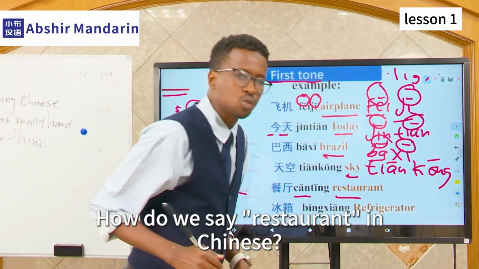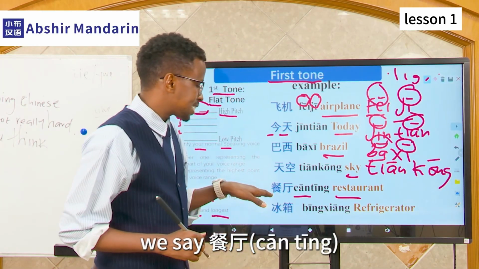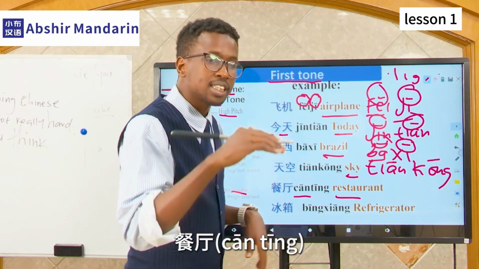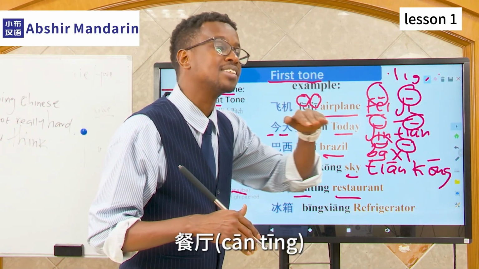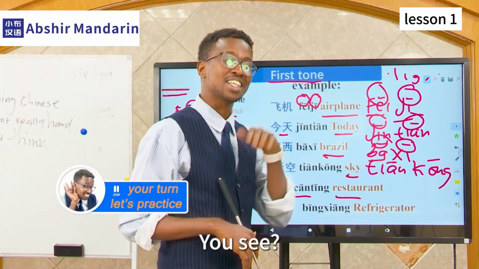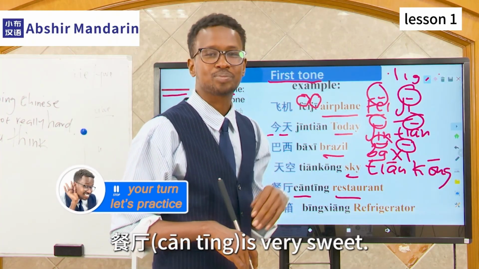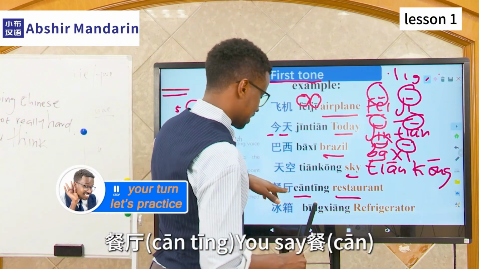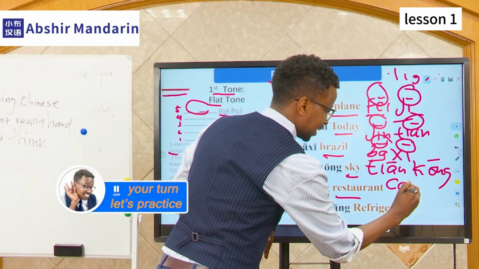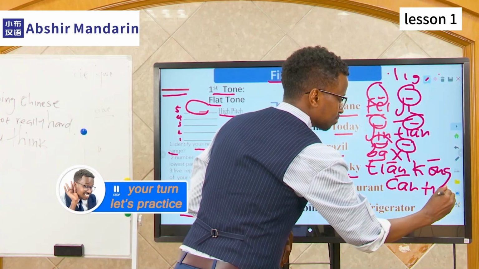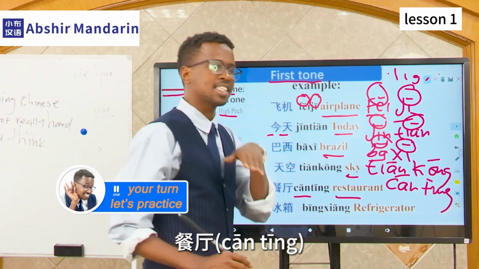The fifth one is san ting. How do we say restaurant in Chinese? We say san ting. San ting is very sweet, right? San ting. You say san, ting, right?